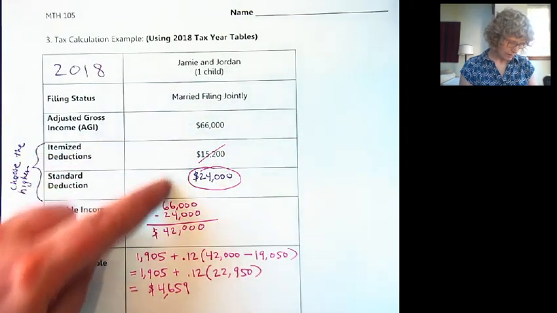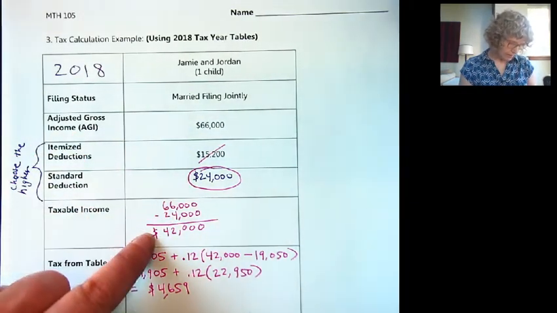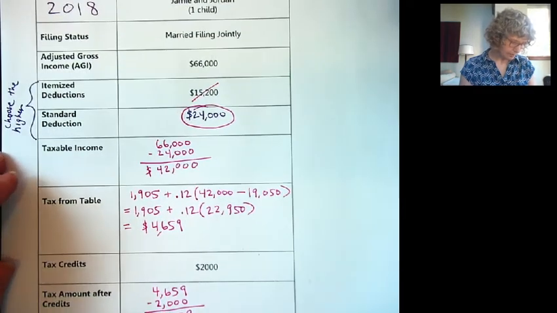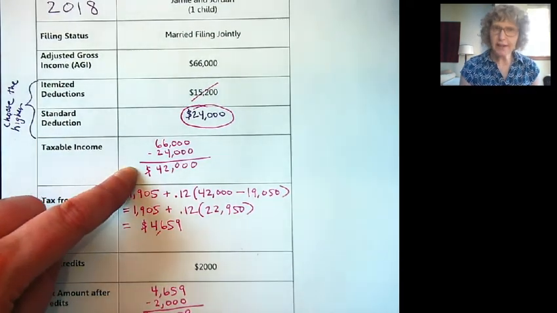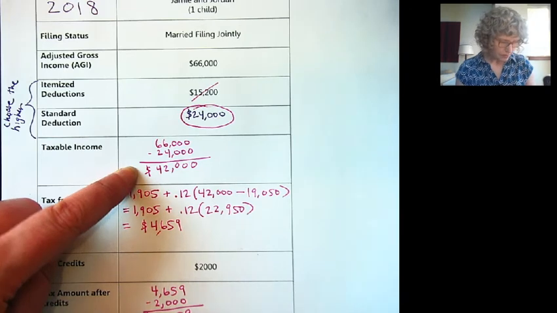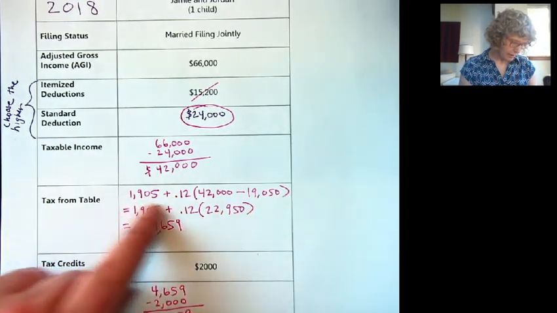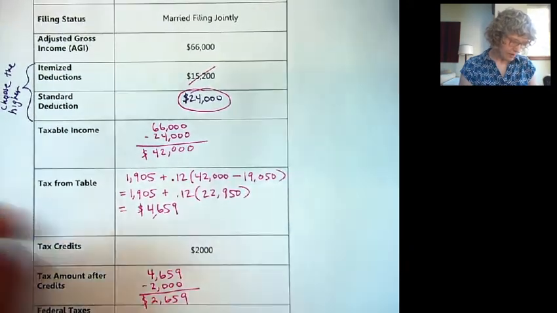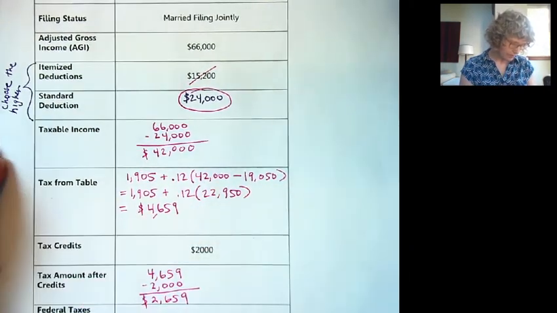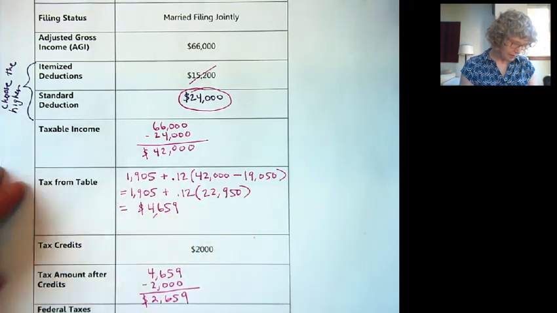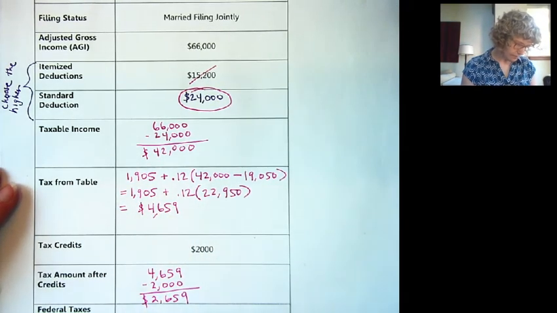So that takes down the income for the taxable income. Then we take the taxable income, we read off the table, we find the correct line, and we do that calculation. It's usually the excess over some number, and a percentage of that plus a fixed amount.